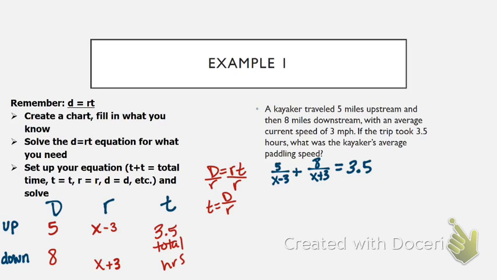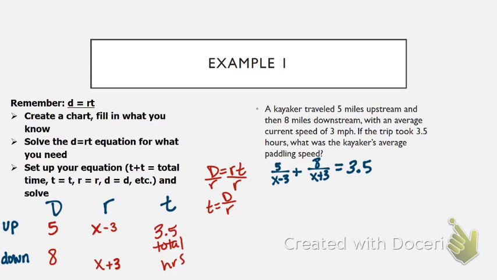So now we need to solve. This is the setup, and this is our hardest application, but also kind of the most relevant. To solve this, I cannot cross multiply.